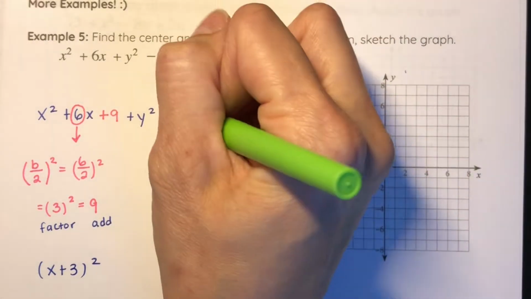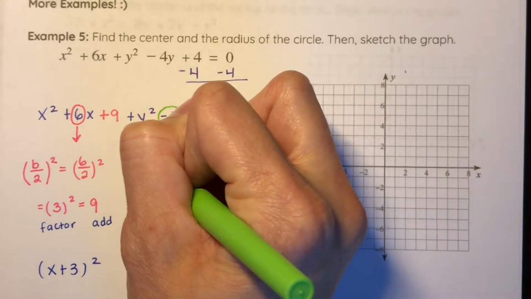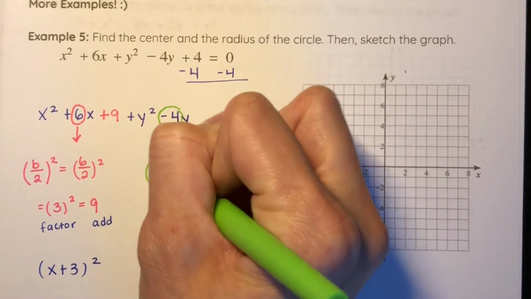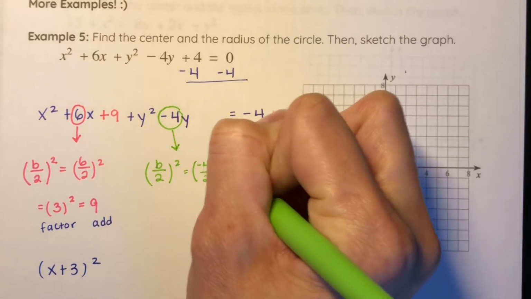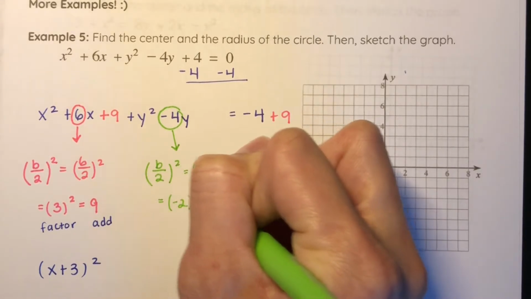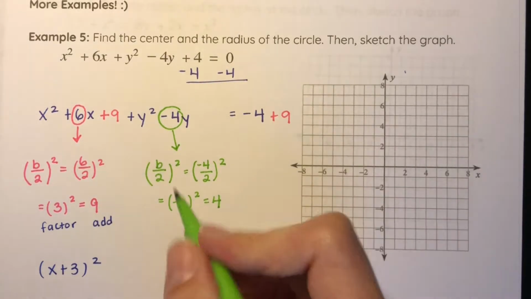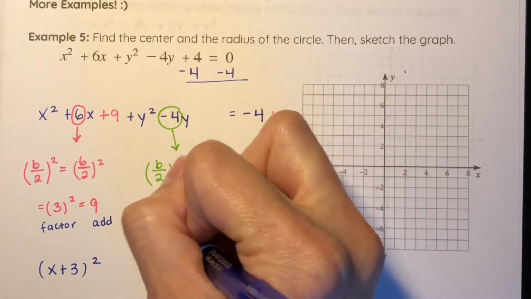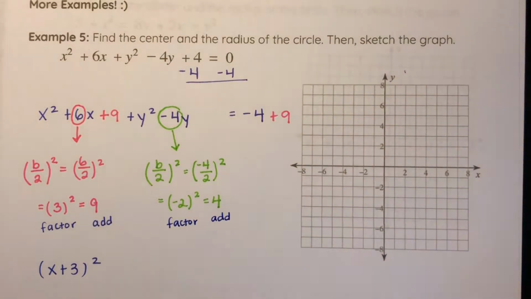Let's identify b. B is -4. So I take b, divide it by 2, and then square it. That will be -4 divided by 2, squared, which is -2 squared, which is 4. Remember, this is what I use to factor, and this is what I add to complete the square.